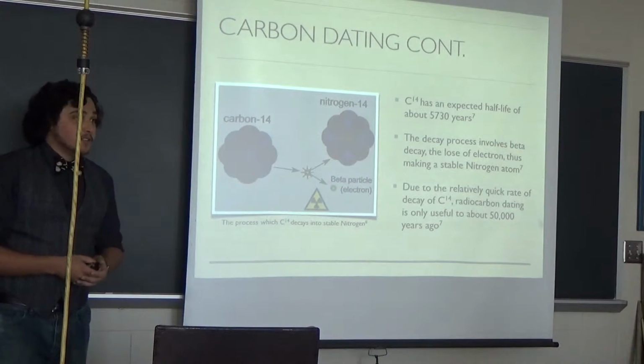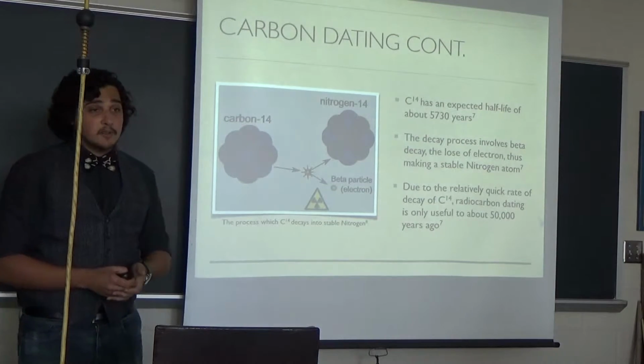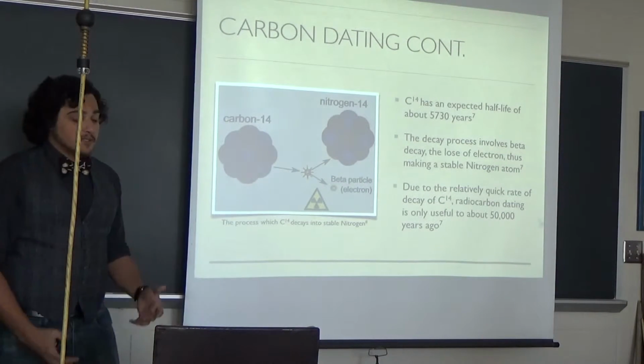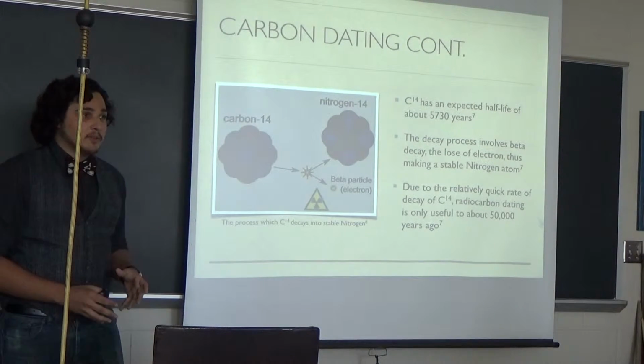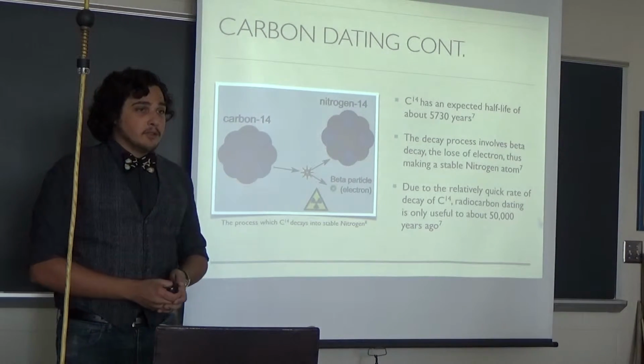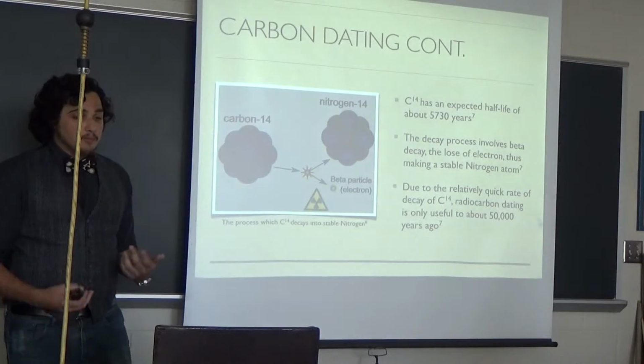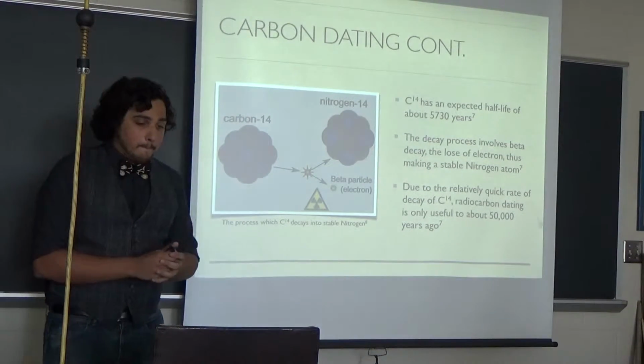I'm going into a little bit more detail. So carbon-14 has an expected half-life of about 5,730 years. What that means is if you had a solid block of carbon-14, in 5,730 years, half of that would decay to a more stable state, which in this case would be nitrogen-14.